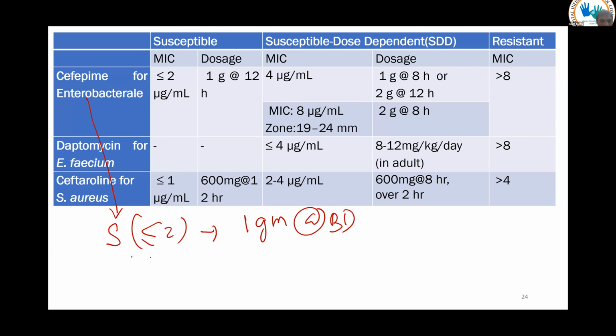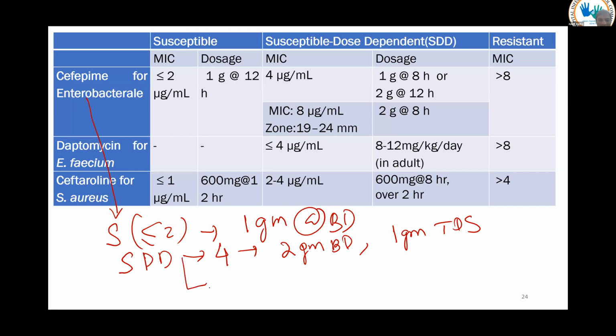If the MIC is in the SDD range, if MIC is 4, then the dose is either 2 gram BD or 1 gram TDS. This is the dose for SDD 4 MIC.